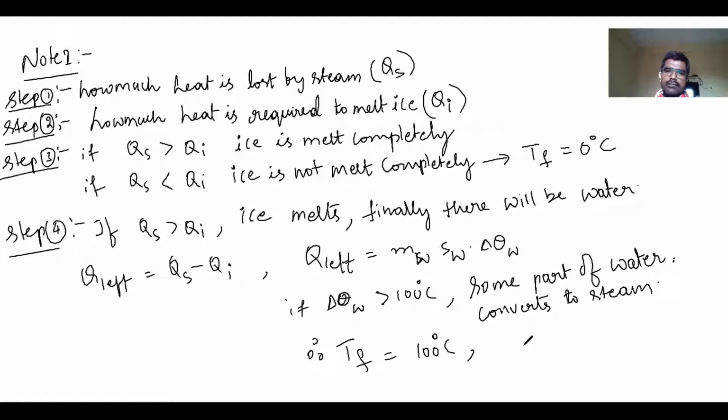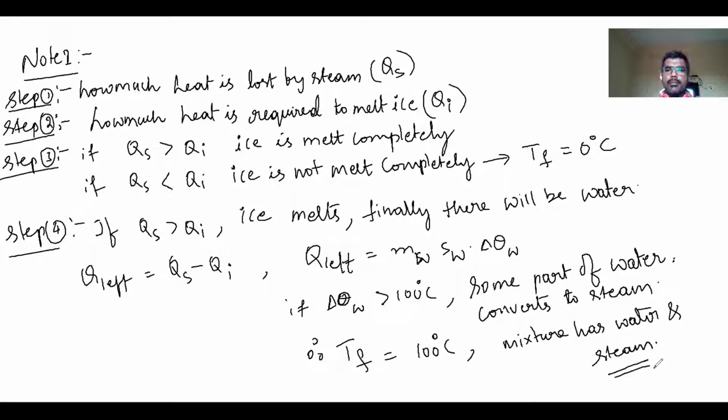Some part of the mass of water is left over there, and the remaining part is converted into steam, some part remains as water. So out of the total mass, there will be some amount of steam and some amount of water left over in the mixture. So the mixture contains water and steam.